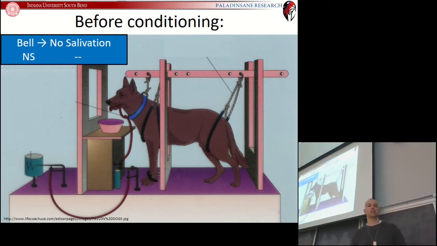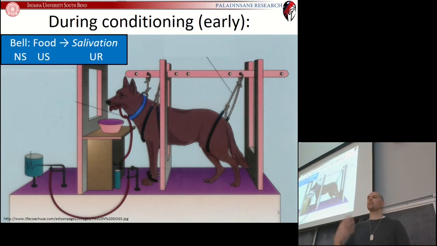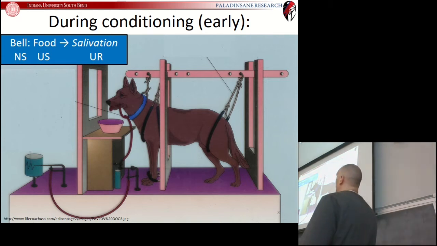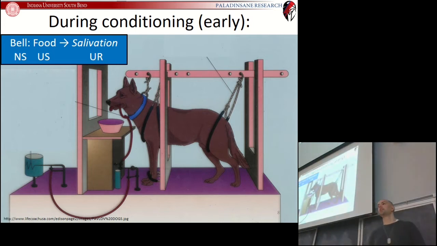And what we do in classical conditioning is we pair that neutral stimulus with an unconditioned stimulus. So you present the neutral stimulus, you follow that by the presentation of the unconditioned stimulus, and in the early stages, the unconditioned stimulus is causing the unconditioned response. So you ring the bell, you then give the dog the food, and that food is causing that unconditioned response.